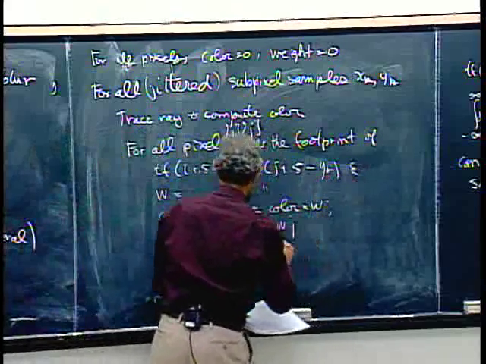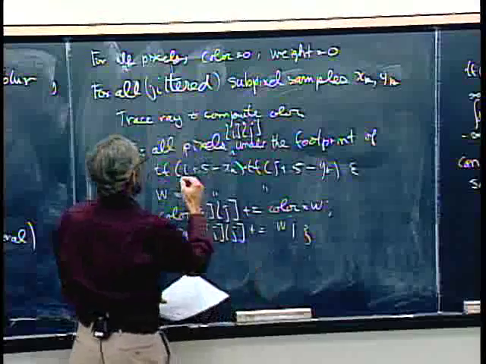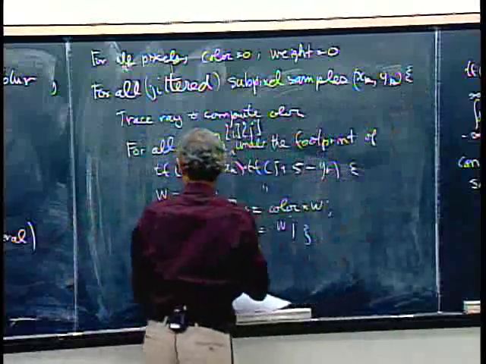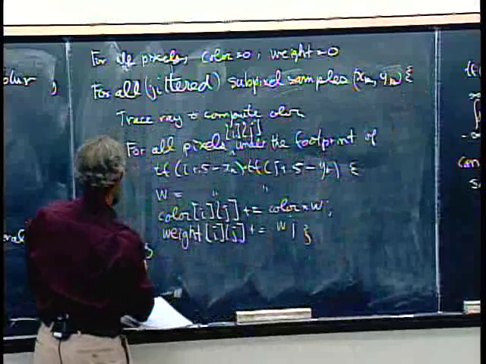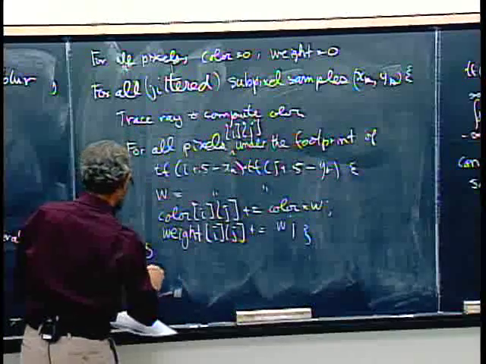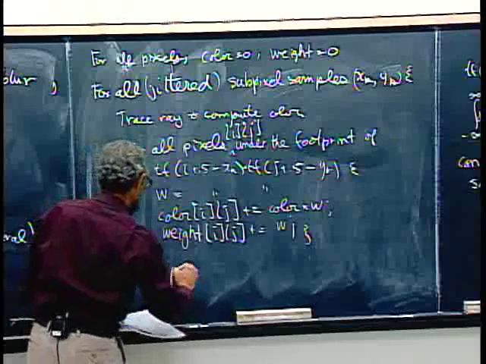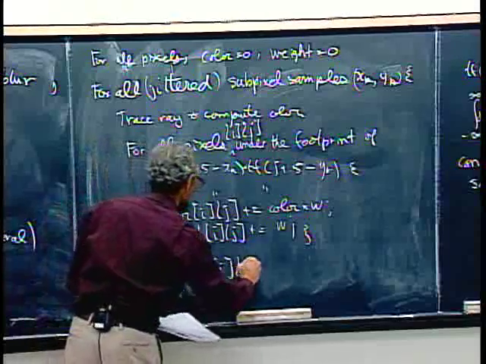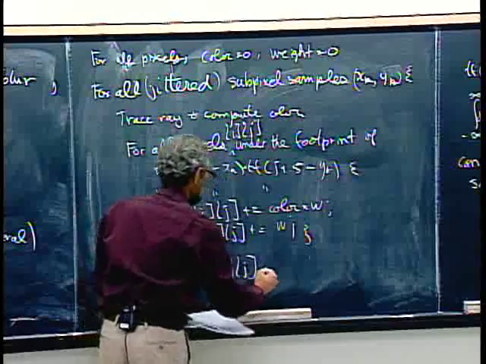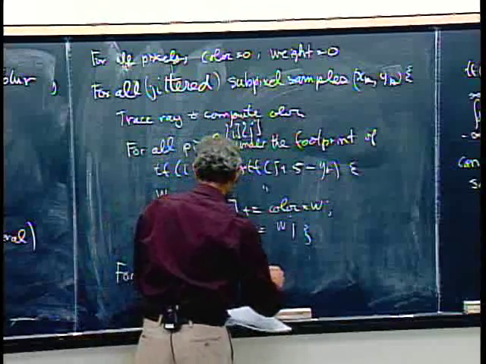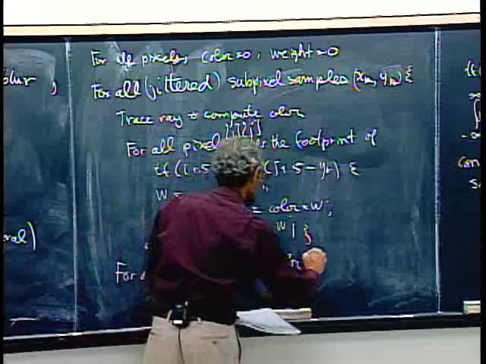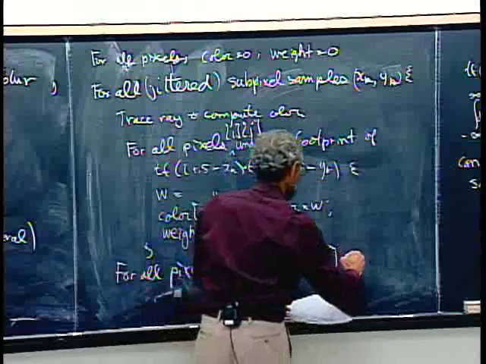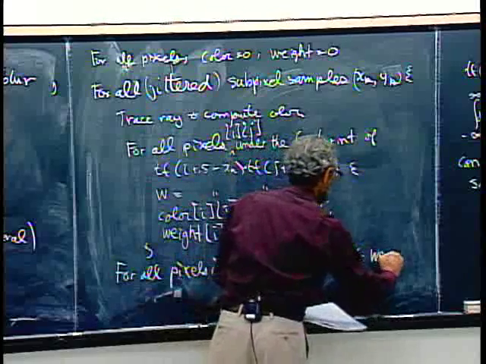Okay, so this is for all subpixels. And then this is the sample loop. And then we have one other loop over all pixels, where we just divide color(i, j) by weight.